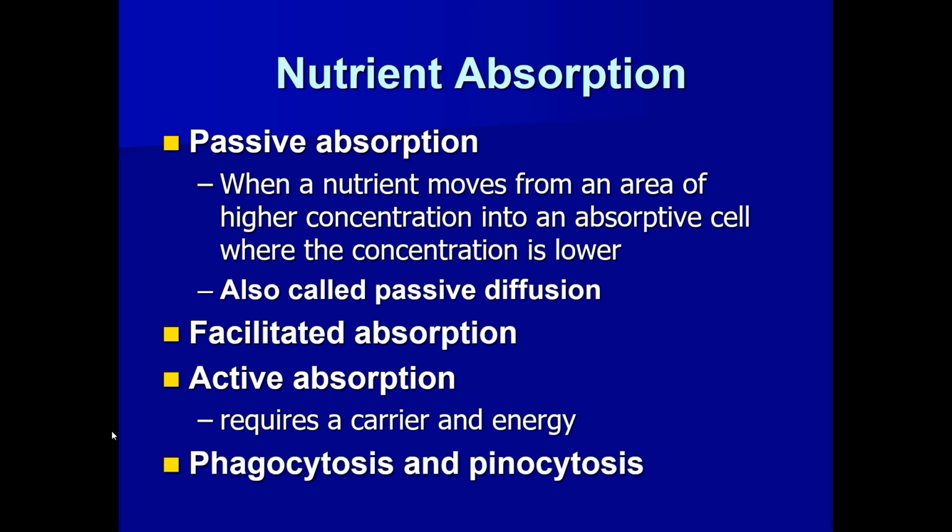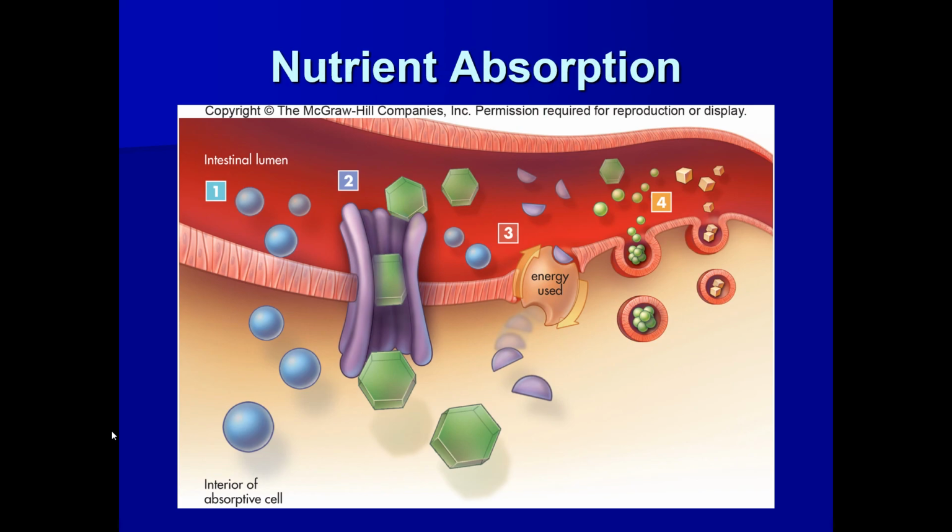There's also phagocytosis and pinocytosis, which literally just means engulfing of compounds for phagocytosis and liquids for pinocytosis to get on through into the bloodstream. Here's a little bit of a picture of it: number one being passive diffusion, two being facilitated diffusion, three being active absorption, and four being phago and pinocytosis.